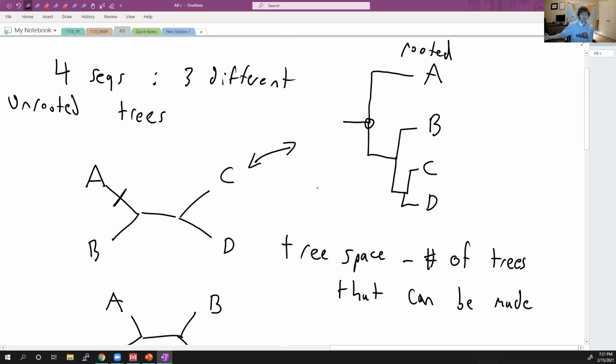And so generally phylogenetic analyses don't construct rooted trees, but we can certainly root a tree. It's effectively like what's the most ancestral sequence that all the other sequences can be compared to estimate some distance. Anyways, right, so this is how we go from an unrooted tree to a rooted tree.